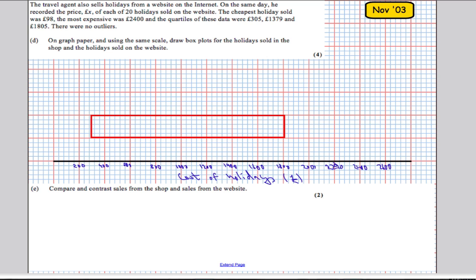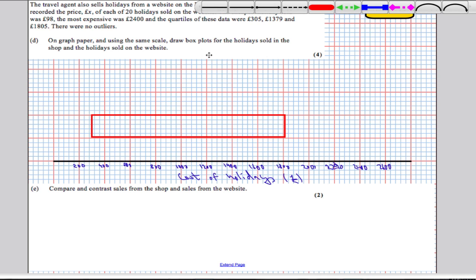Okay, so that's the website's lower quartile and upper quartile done. Let's do the median. The median is 1379. 1300 is going to be right in here. 1350 will be right here. 1379 is roughly around there. We can mark these in a moment.